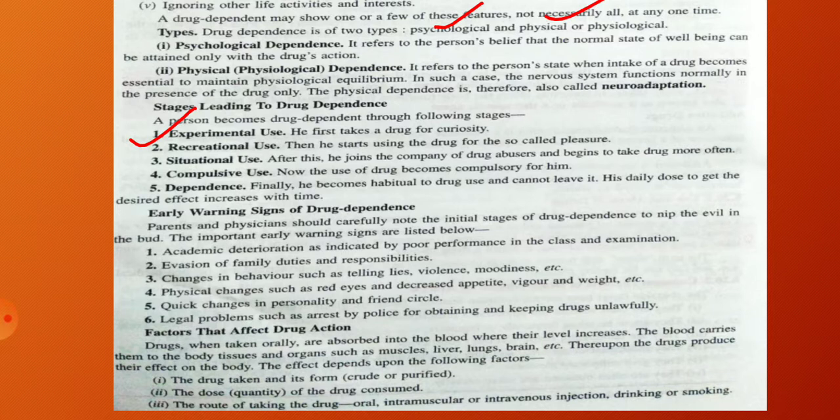So there are different kinds of routes for taking drugs. Then the period over which the drug is consumed, it may be quickly or slowly, it depends upon the dose actually. Then drug abuser susceptibility, so drug abusers also develop susceptibility. So these are the factors that affect drug actions.